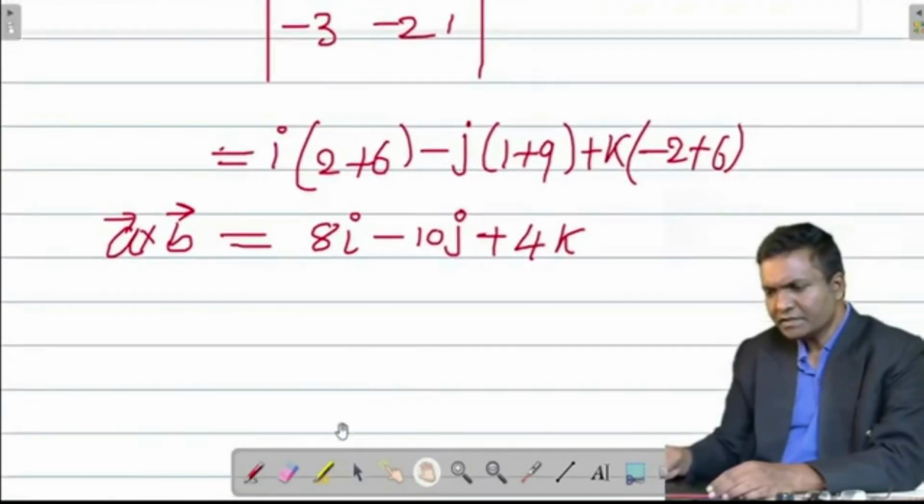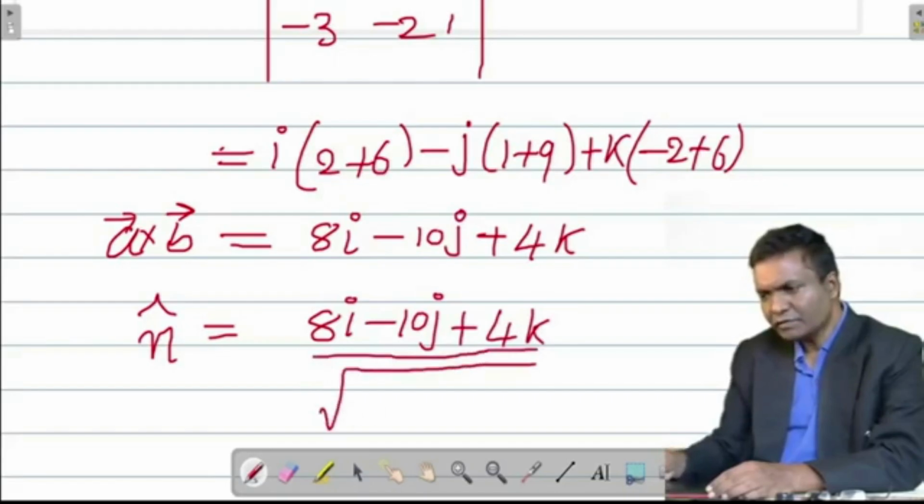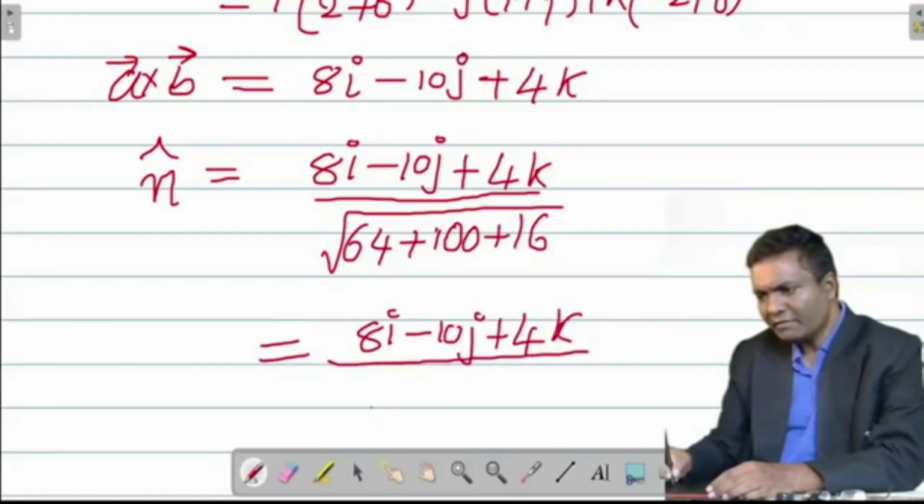So find n cap, that is, the unit vector which is perpendicular to both A and B, meaning the unit vector in the direction of A cross B. This is 8i minus 10j plus 4k divided by the square root of 64 plus 10 square, which is 100, plus 16, and that gives you 180 under the root.